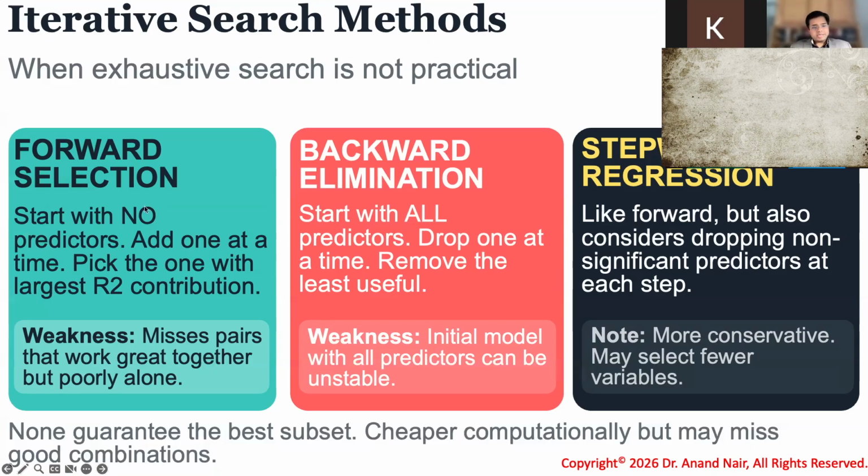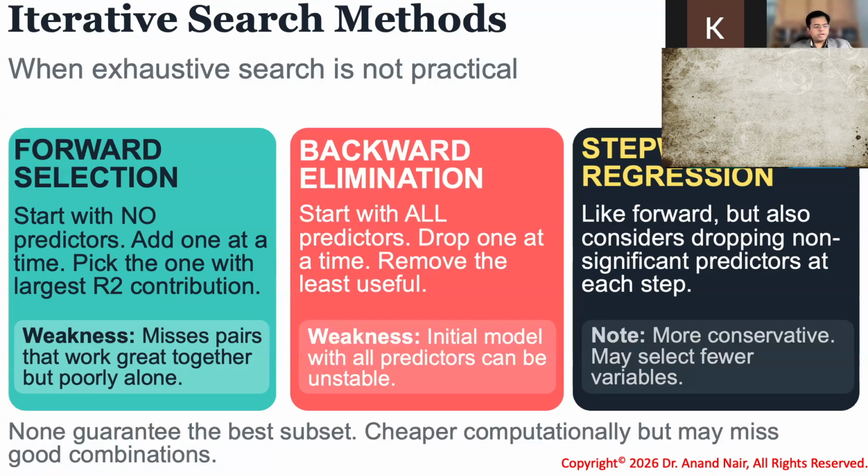Now it's great from the point of view of not having to use the entire exhaustive search. But the disadvantage of this is that sometimes pairs of variables can work together for the model as compared to being considered alone.